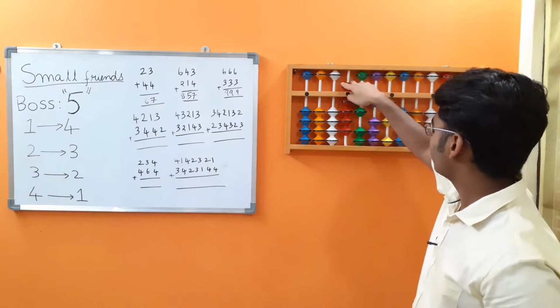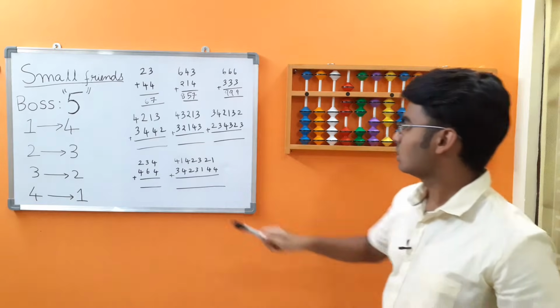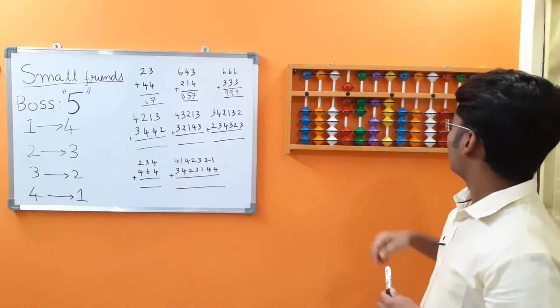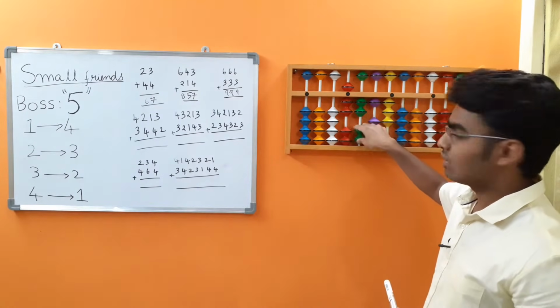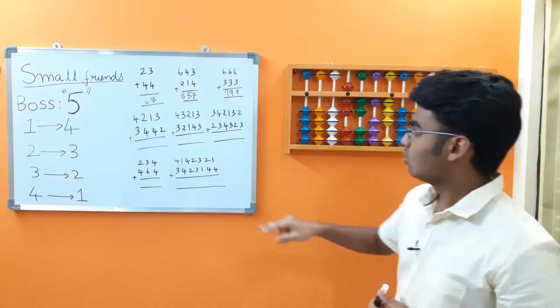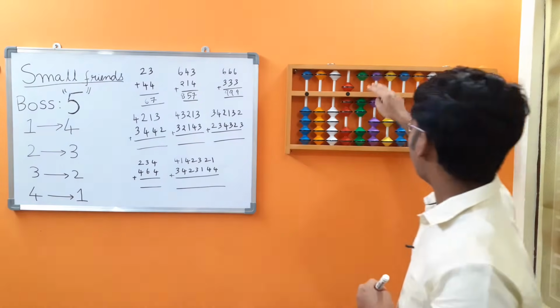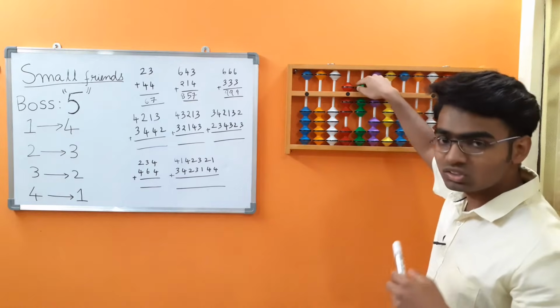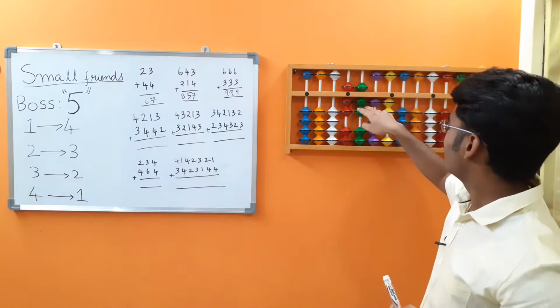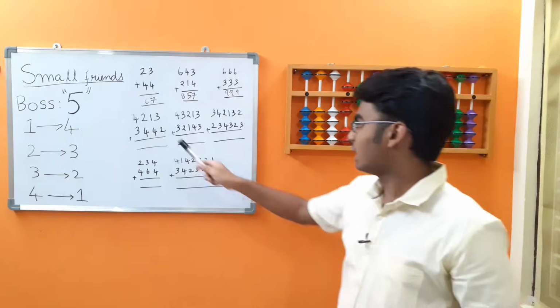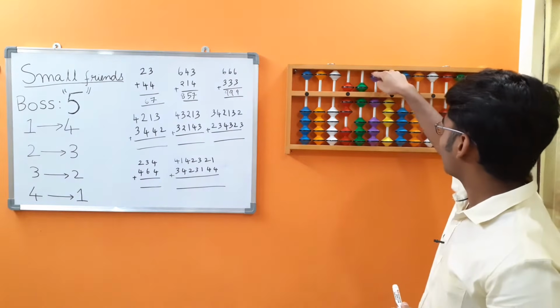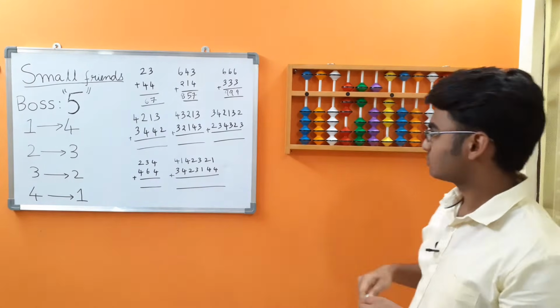Add the boss 5 less the friend 2. 4. We cannot add 4 directly because we only have 2 beads, but we have to add 4. 4's friend is 1. Add the boss 5 less the friend 1. And again 4. Add the boss 5 less the friend 1.